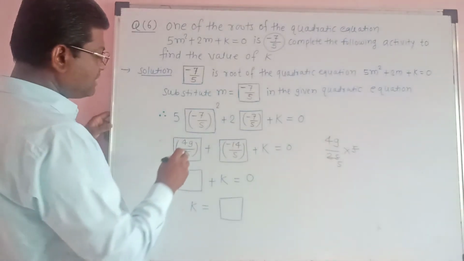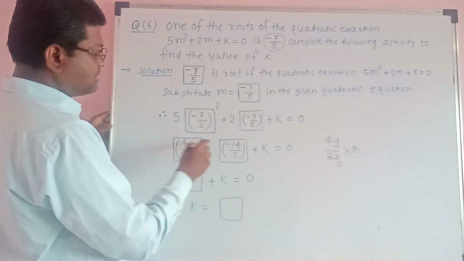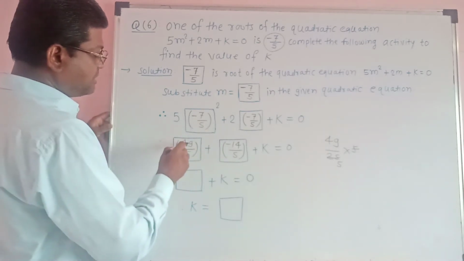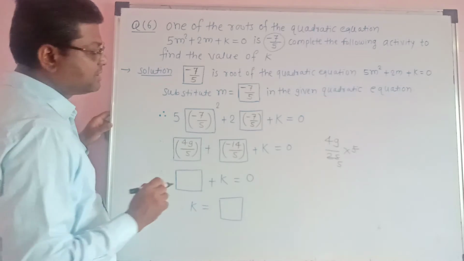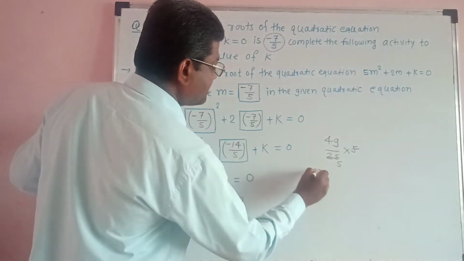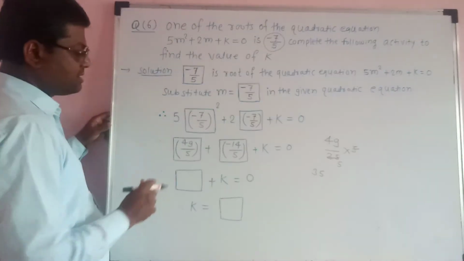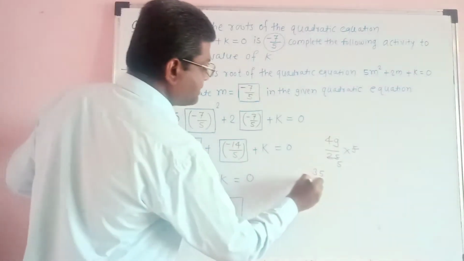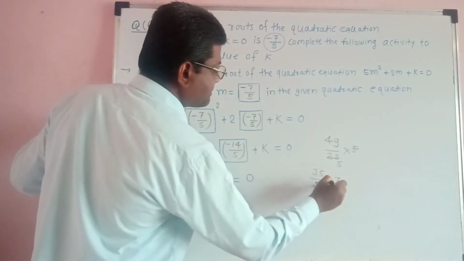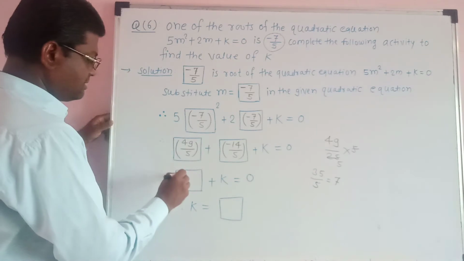Now, 49 minus 14, that will be 35. So 35 upon this 5. 5 sevens are 35.